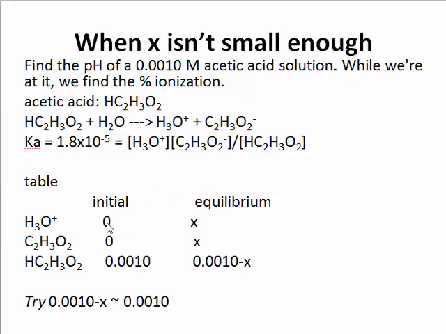The initial concentrations of H plus and acetate are 0 and increase to X. The initial concentration is 0.0010 versus an equilibrium concentration of 0.0010 minus X for the acid. Assuming X is small enough essentially means assuming 0.0010 minus X is essentially the same as 0.0010. X is very small.